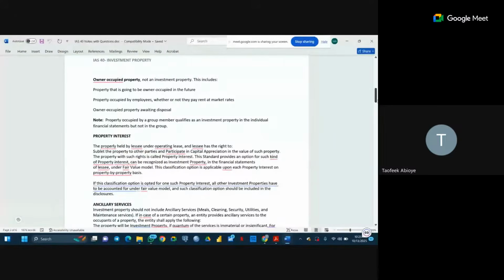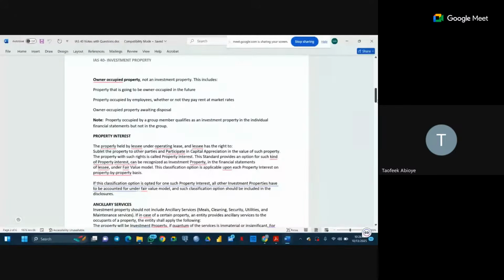So that particular kind of lease, the lessee, the borrower that borrows from the major owner, the first-hand owner, in his own book, he can recognize that particular property that is being leased from Mr. A to Mr. B. Mr. B now leases it out to Mr. C.